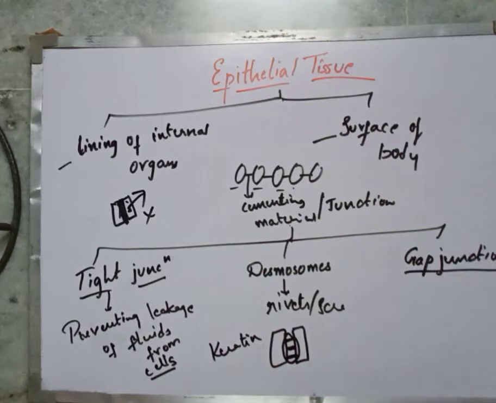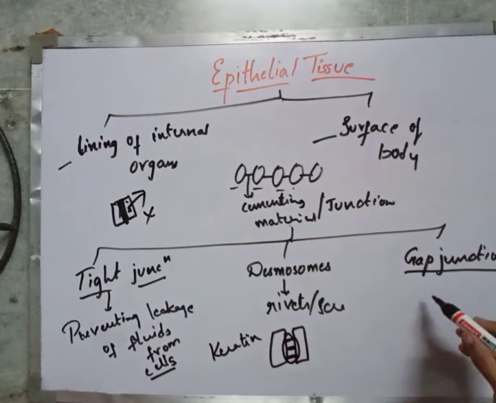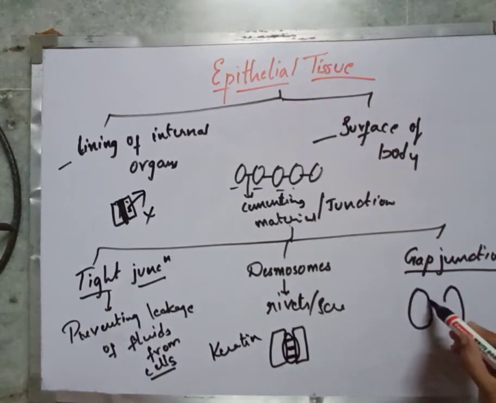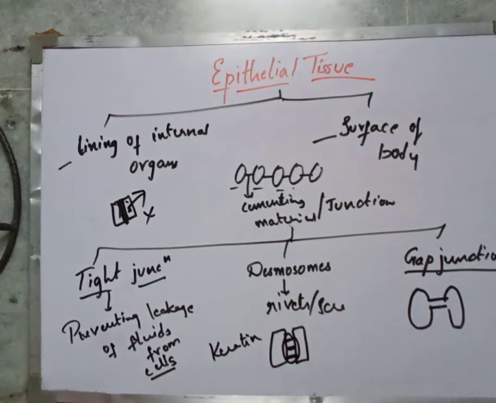Gap junctions are similar to plasmodesmata of plant cells. They provide interconnection between two cells so that fluids from one cell can enter into the other cell. This is about the functions of gap junctions.